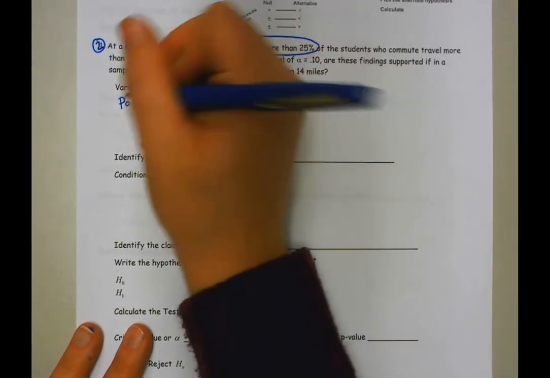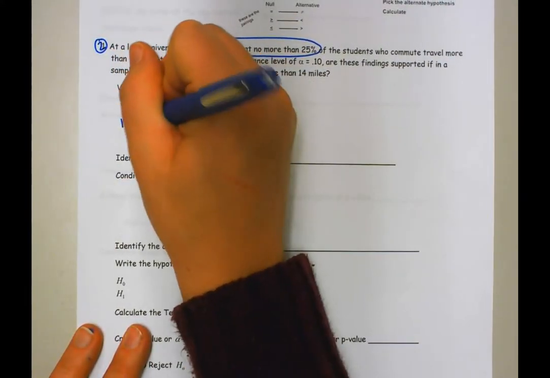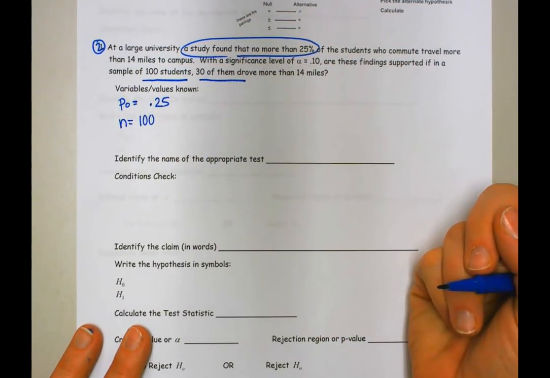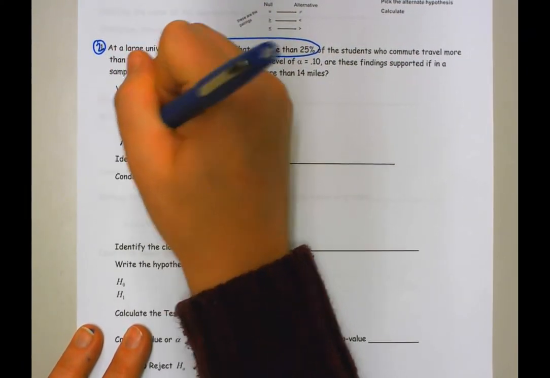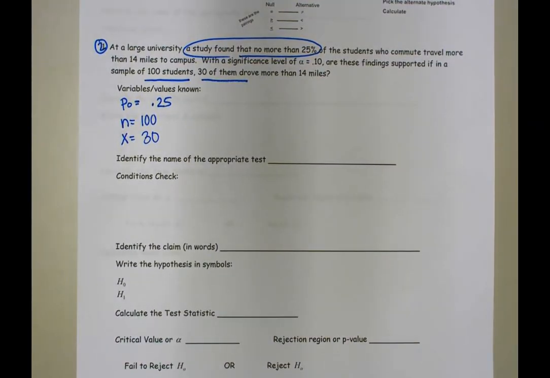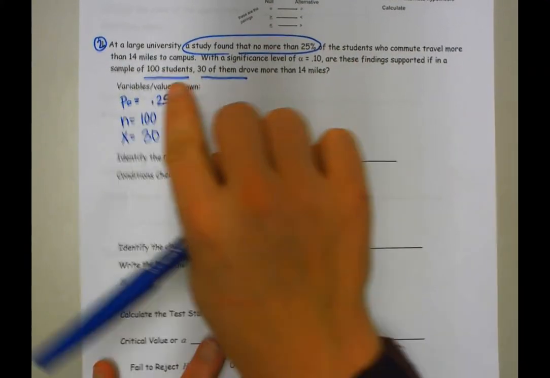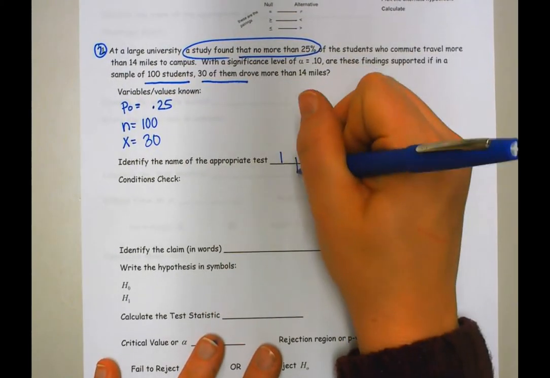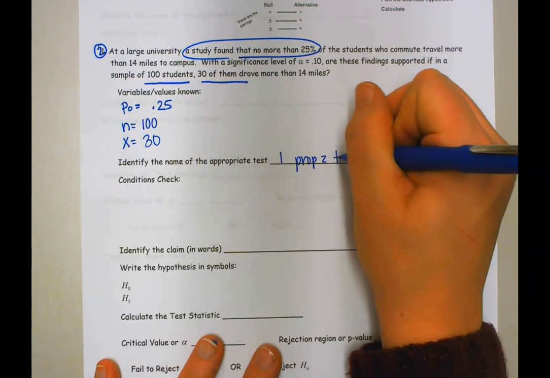So our n value would be 100. We asked 100 students, and 30 of them, so x equals 30, responded to our sample in the way we were looking for. Because we're given a proportion, this is a 1-prop z-test.